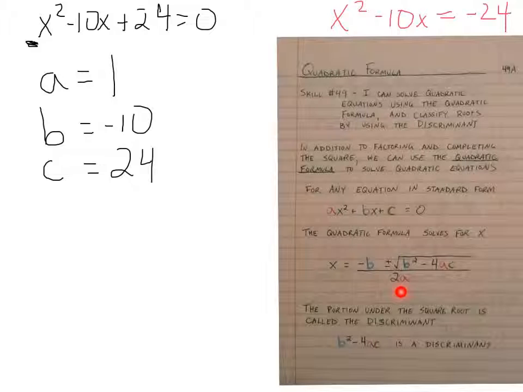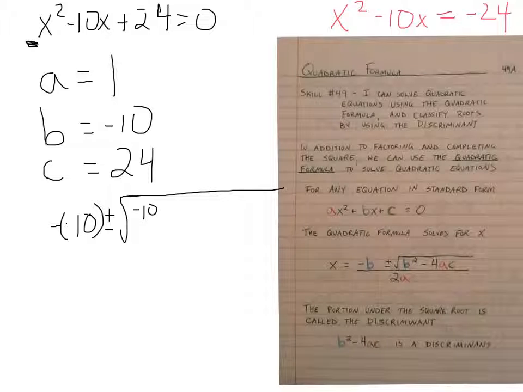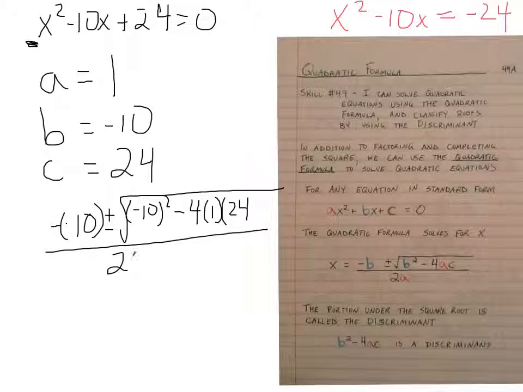Negative b, since b is equal to negative 10, gives us negative 10 plus or minus the square root of negative 10 squared minus 4 times 1 times 24, all over 2 times 1, which is 2a.